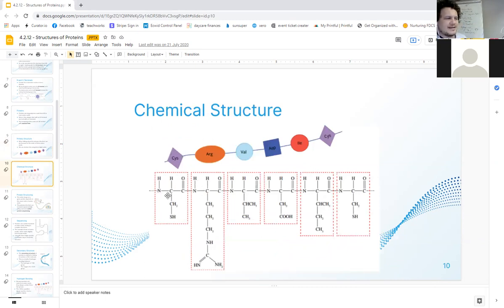So on the underside or top side, it doesn't really matter. You would have the amino acids, and then you've got the R groups coming off the end. Remember also, on every amino acid, we also have a carbon to oxygen double bond.